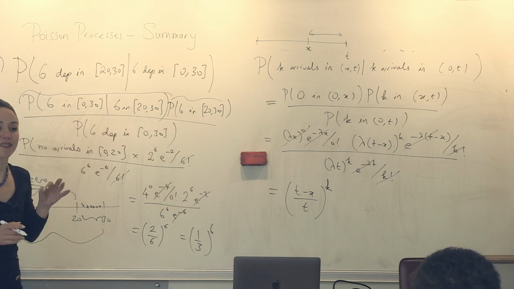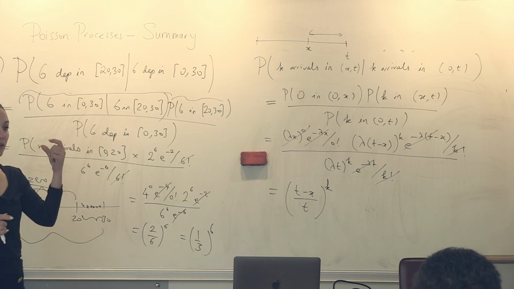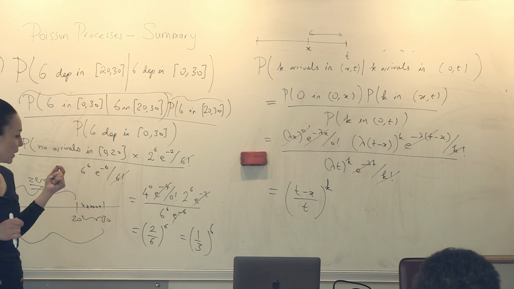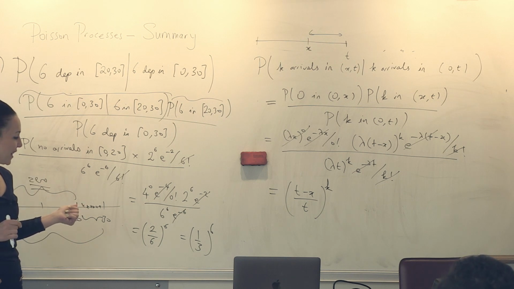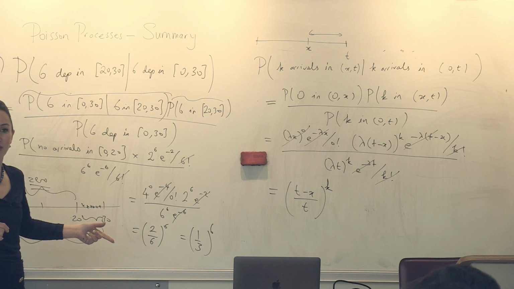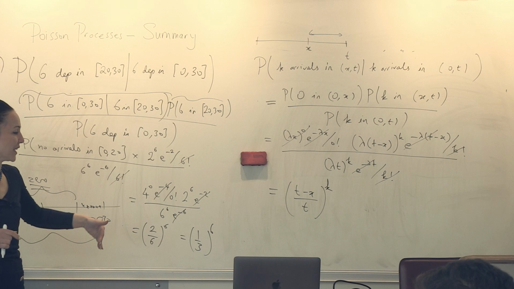I insist that all 6 arrivals occur in the 1/3 of the interval. Meaning each arrival, it seems, has probability 1 over 3 of falling into that last 1/3 interval. And I insist that all arrivals fall into that.